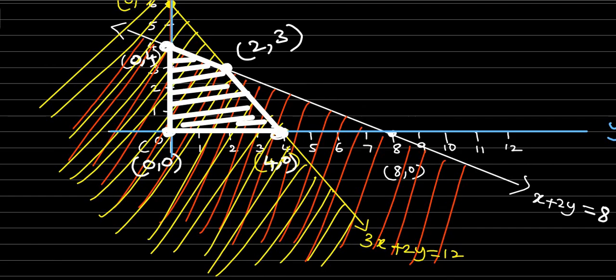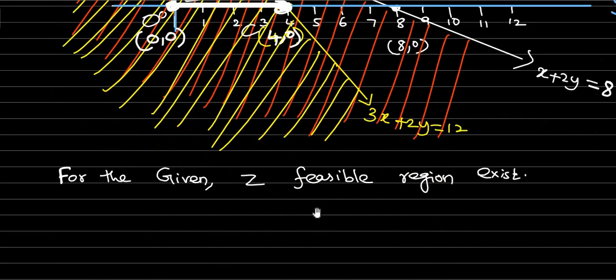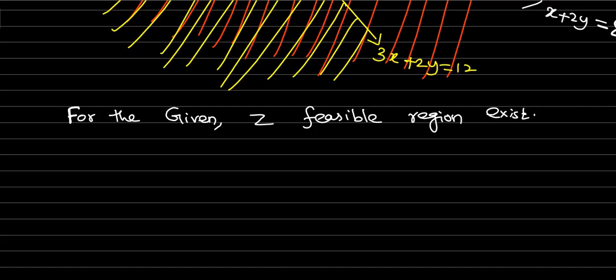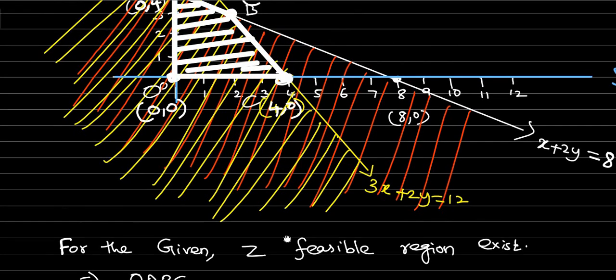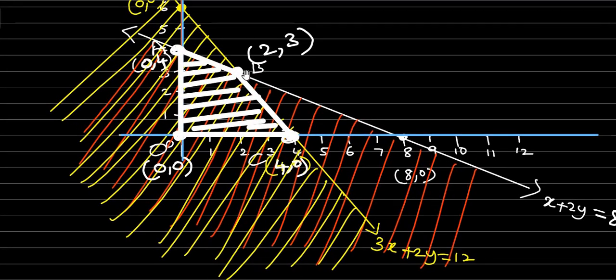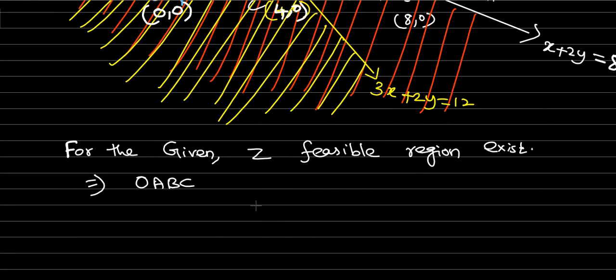Like O, A, B, C. So it's O, A, B, C, O. It's closed, no. If you want, we can name it. This is the feasible region. Also, it is bounded.